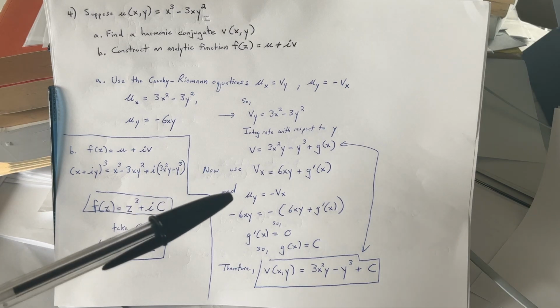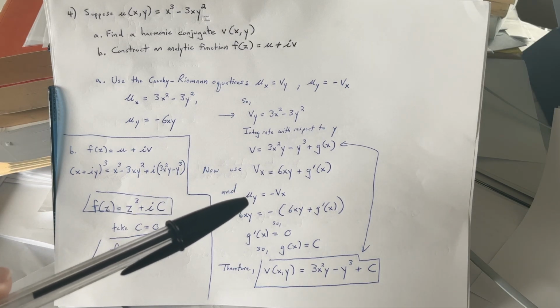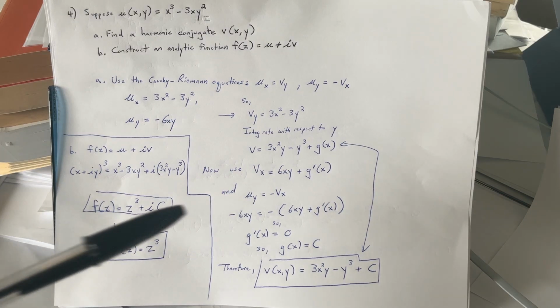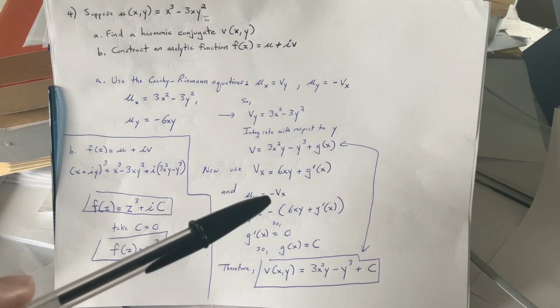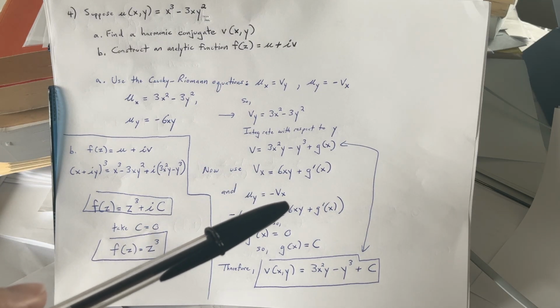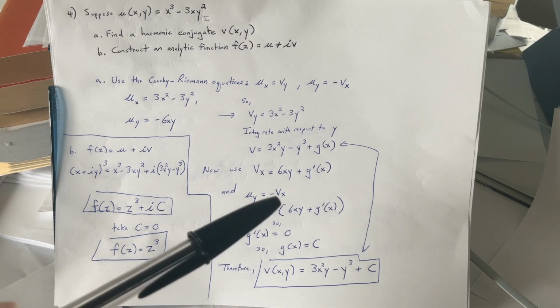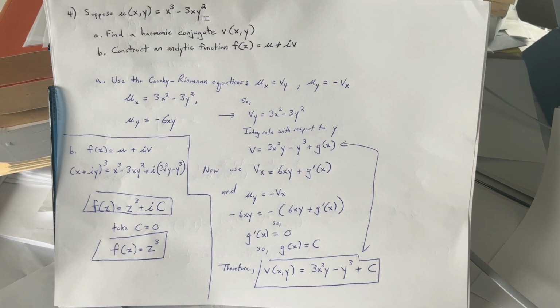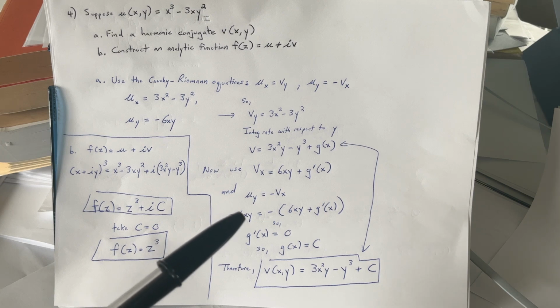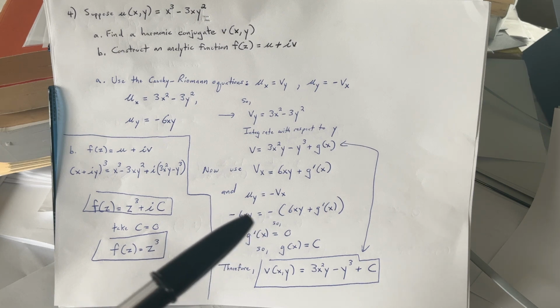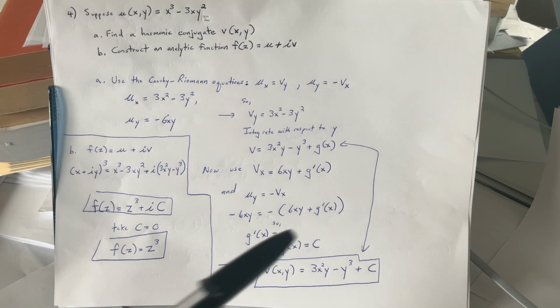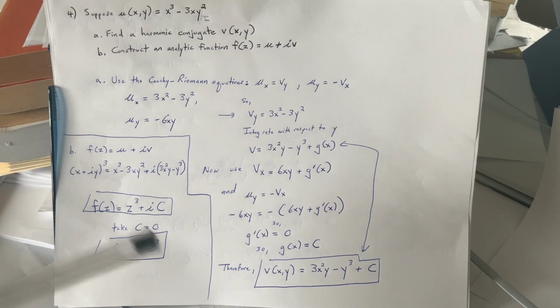Now, with the u sub y, partial derivative with y, that's going to equal negative v sub x, negative v partial derivative of x, just saying sub x to save time. Negative 6xy equals negative quantity 6xy plus g prime of x. That's substituting those values.